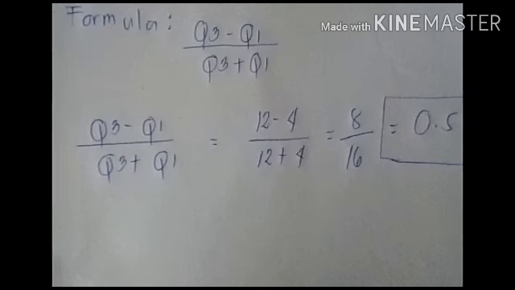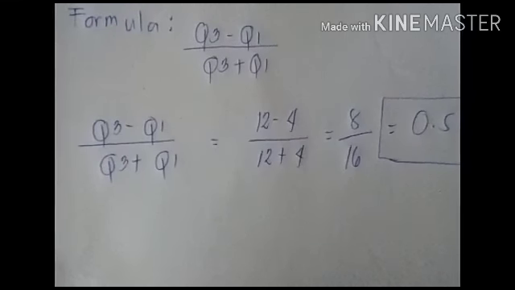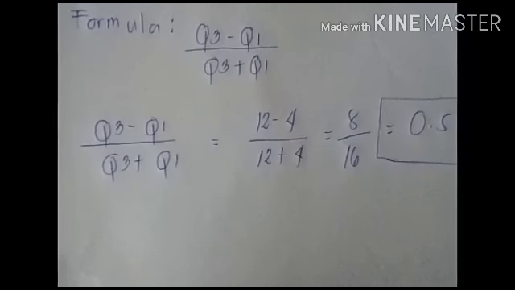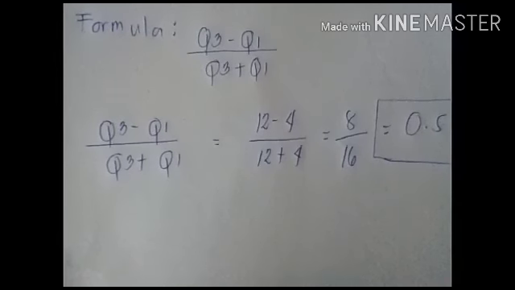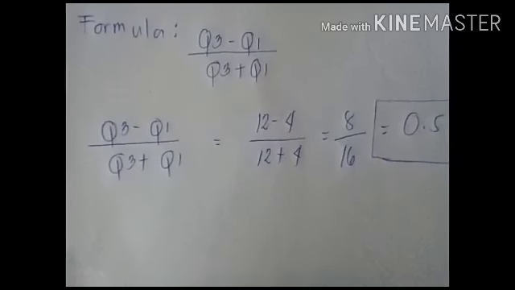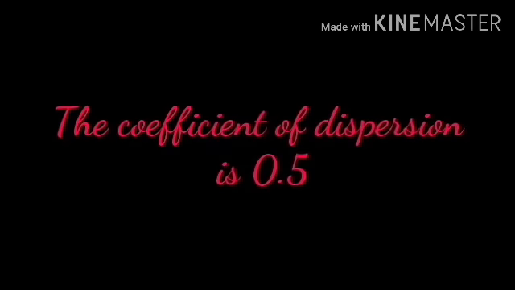Then 12 plus 4 equals 16. Then 8 divided by 16 equals 0.5. The coefficient of dispersion for this data set is 0.5. That is the example of quartile coefficient of dispersion.